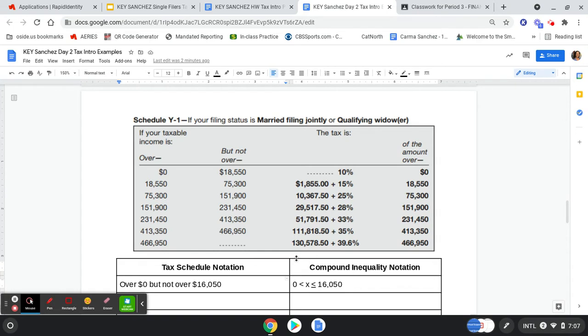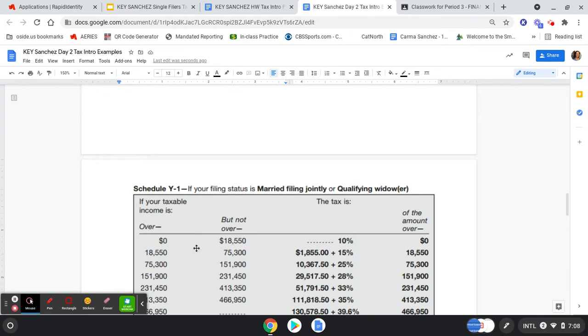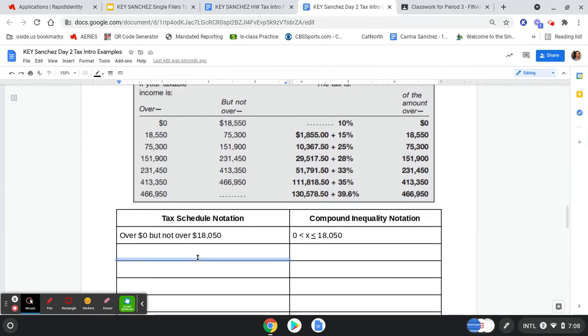Looks like this is supposed to be an 18,050. Sorry about that typo. Let's fix that right there. And then we're going to say from 18,550 to 75,300.